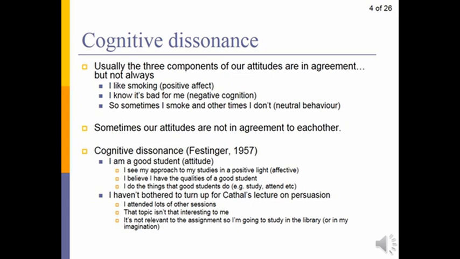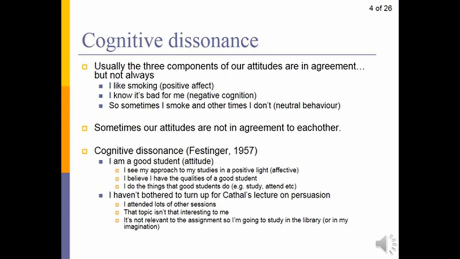The minute we become aware of it, we tend to do something to try and resolve the dispute, to resolve the disagreement. And this was another part of Festinger's dissonance theory, that dissonance only lasts as long as we don't know it, and the minute we start to notice it, we change.